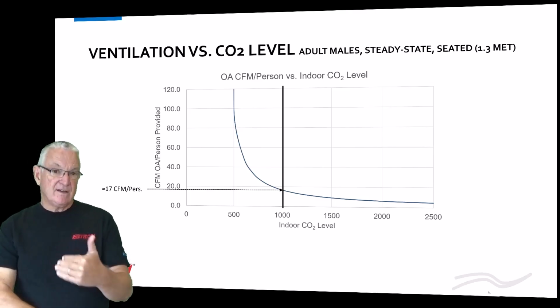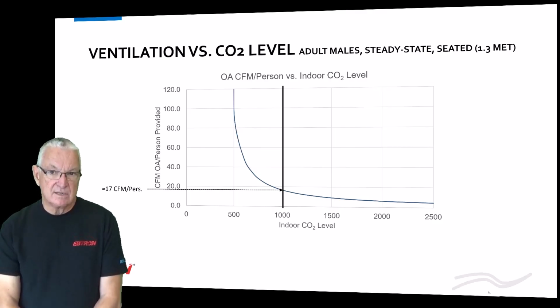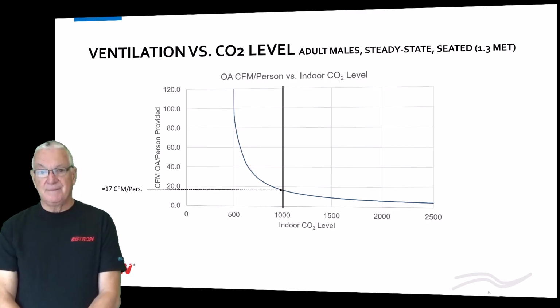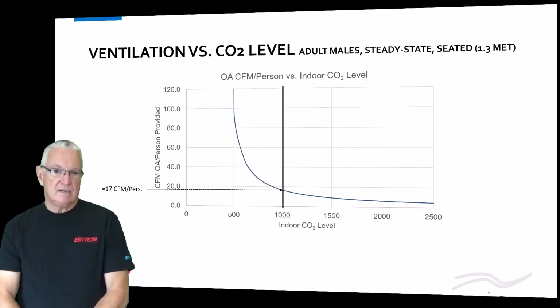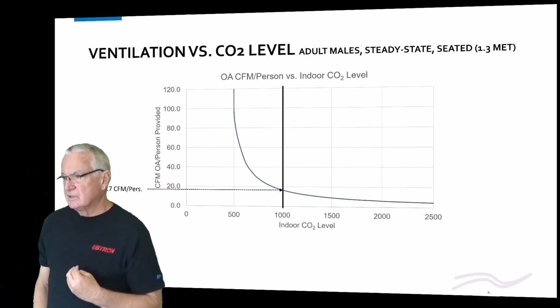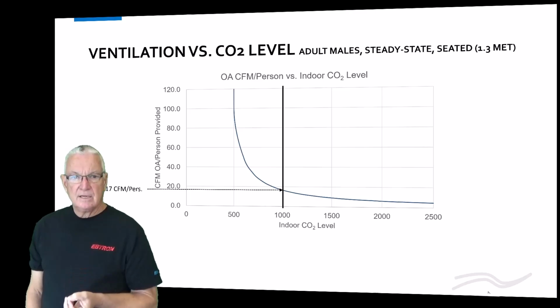I've recalculated things for seated adults, 1.3 Met, based on data from the original addendum AB, okay? So 1,000 parts per million is approximately 17 CFM per person. That means whenever you're at set point, if all your assumptions were correct, you're bringing in 17 CFM per person.